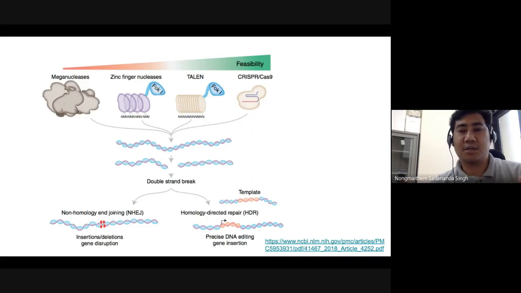So if you have to target a 20 nucleotide site, then you need to design at least a few hundred amino acid long protein. So if you have to target on a genome scale, that is not very scalable. Then came the CRISPR-Cas technology, as we will discuss here, that is very scalable, and it has been very popular to do genome editing.